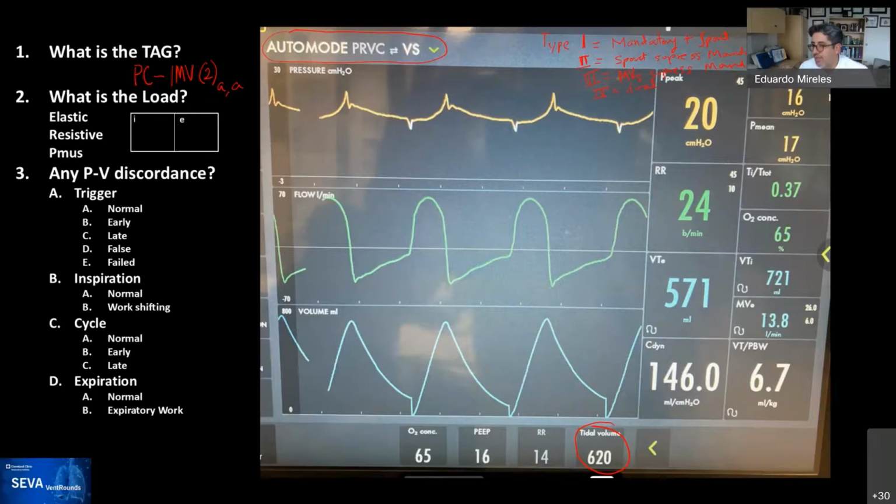There will always be a mandatory baseline rate. And for the type 2, I do think that there is an amount of time in which, if it doesn't detect, at least on this ventilator, on this iteration, it will trigger a mandatory breath after a certain amount of time. So yes, Ivor.